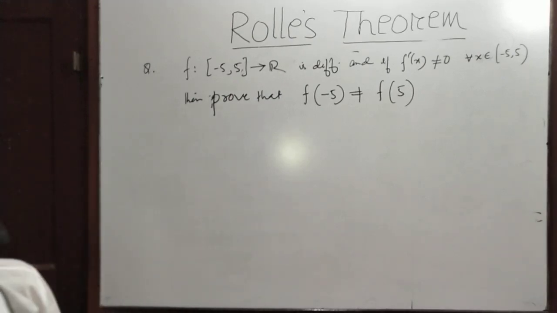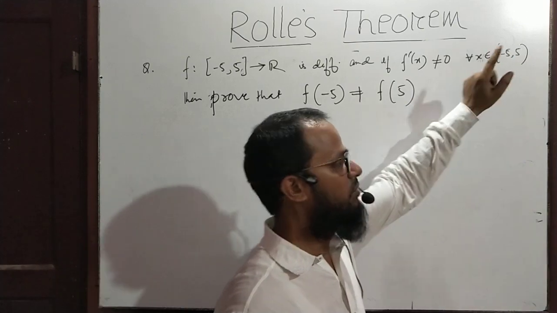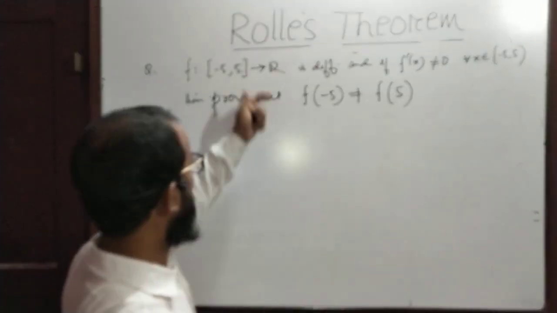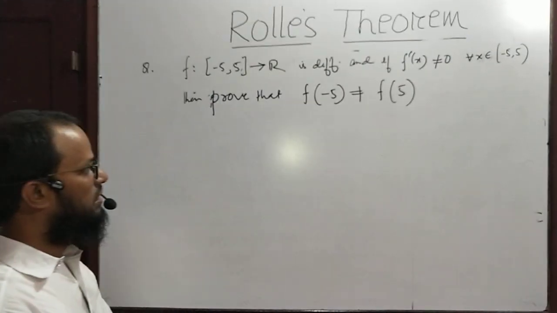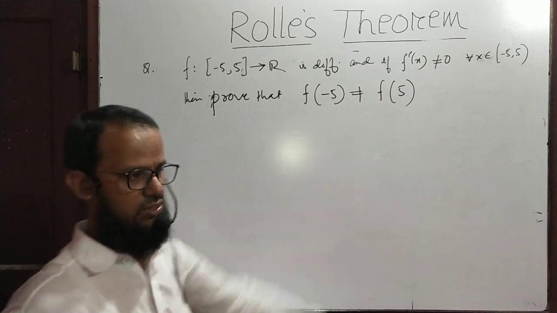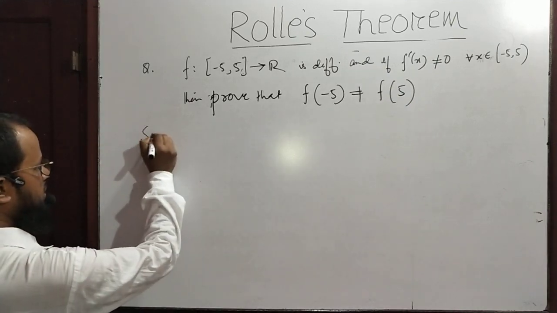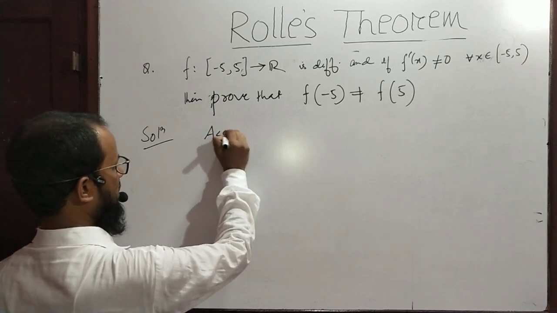This is given. That means if f dash x is not equal to 0, that is, it does not vanish anywhere in the domain except possibly at the endpoints, then you have to show that f of minus 5 is not equal to f of 5. Clear? In such problems, we first use the contradiction method.